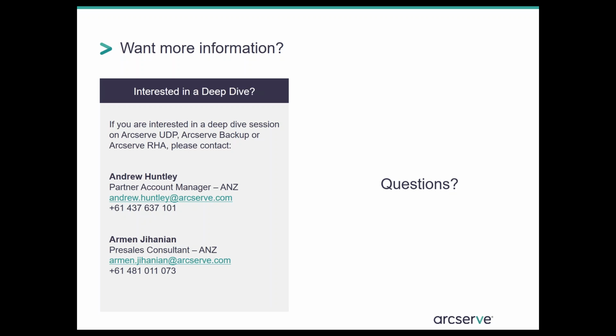So we've got one question here. Is the UDP agent or UDP managed console the same thing? So the UDP agent and the UDP console are two different components. The UDP console is installed on a Windows server, and we log into that console on that machine through a web browser in a similar fashion.